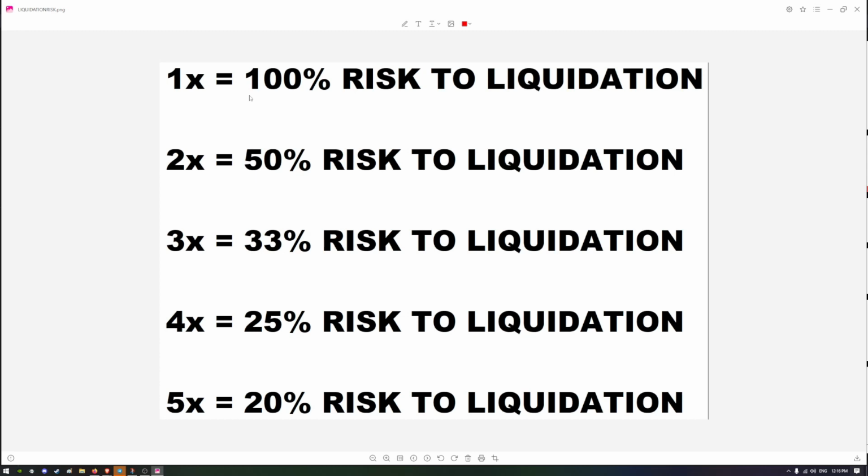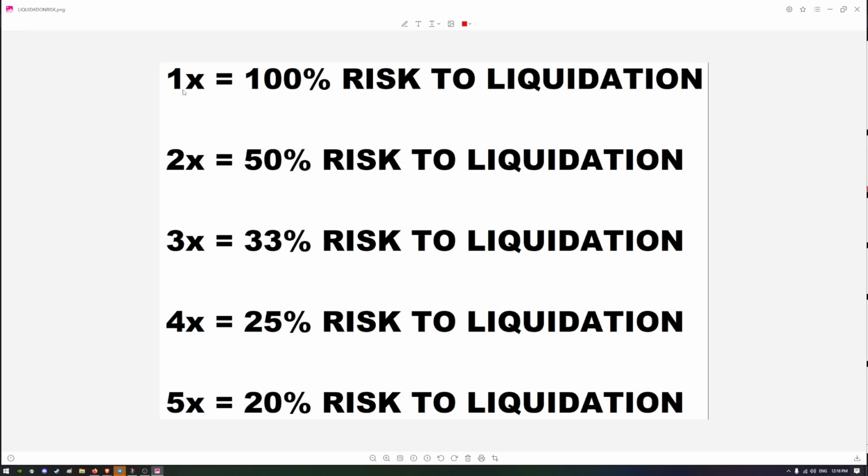If I have 0 Ethereum, but I have $1,000 and Ethereum's at $1,000, I can use that $1,000 as collateral to borrow a whole Ethereum, and that would be a 1x trade. I'm not borrowing anything extra. I'm giving up a 1-to-1 ratio of collateral.